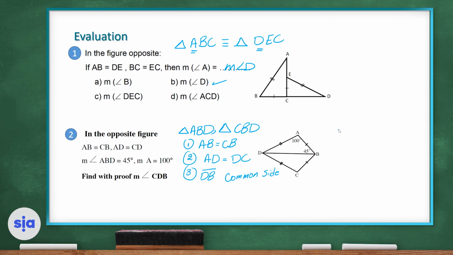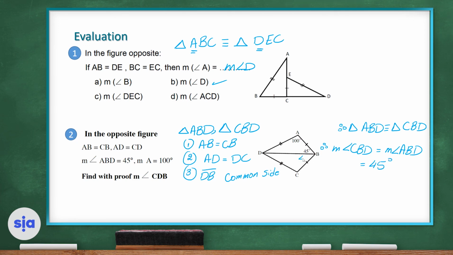Therefore, triangles ABD and CBD are congruent to each other. Accordingly, if they're congruent triangles, then the measure of angle CBD is equal to the measure of angle ABD, which is 45 degrees.